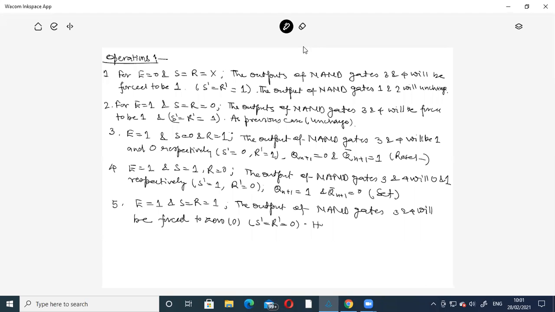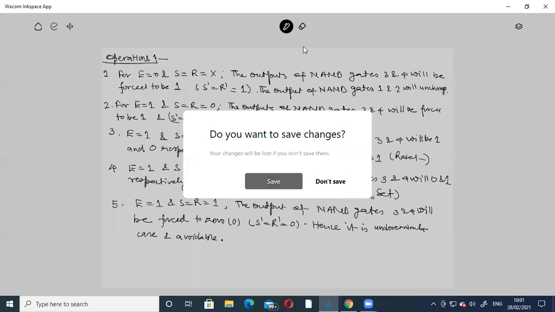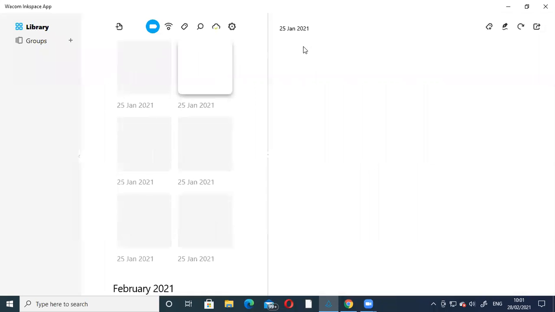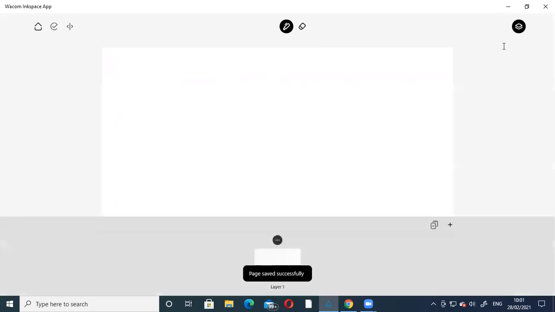Hence, it is an indeterminate case, and it is avoidable. So these are the conditions that we have in this case.